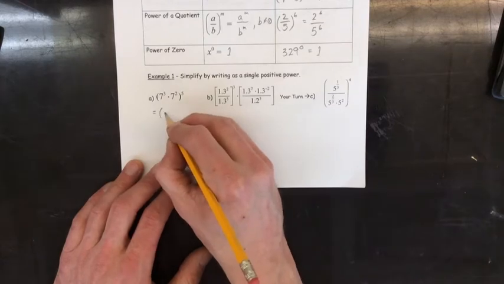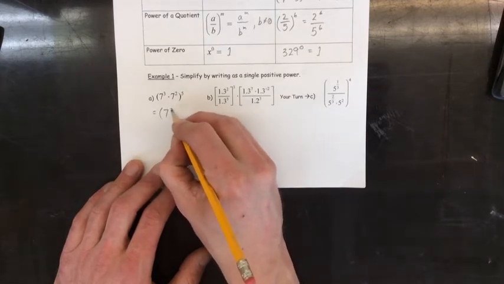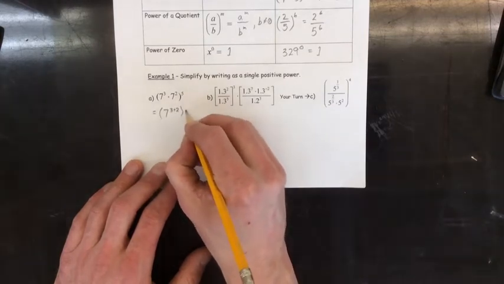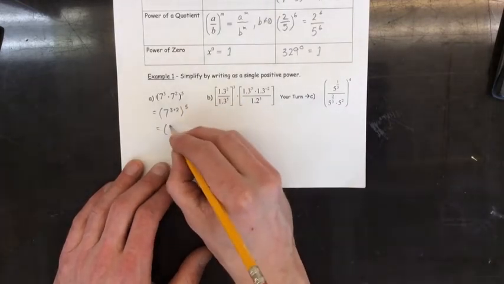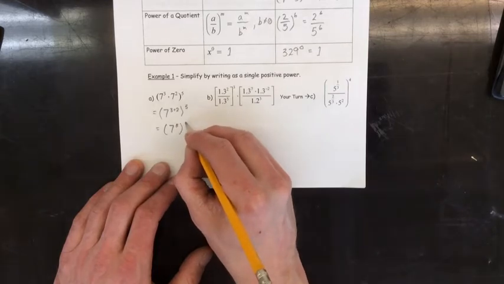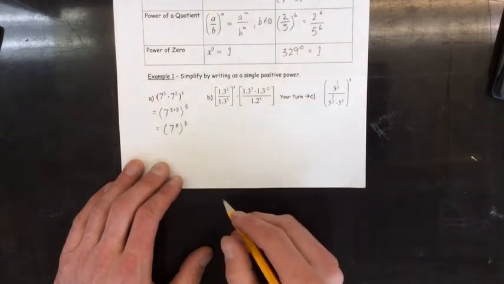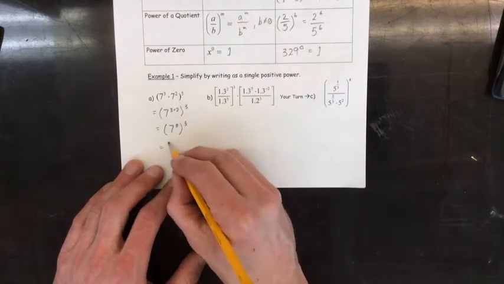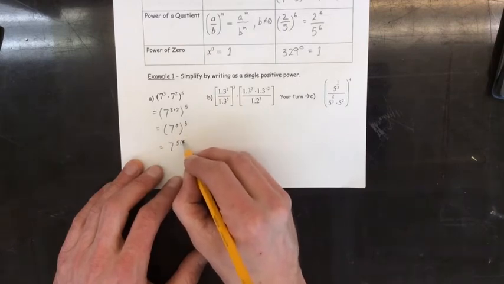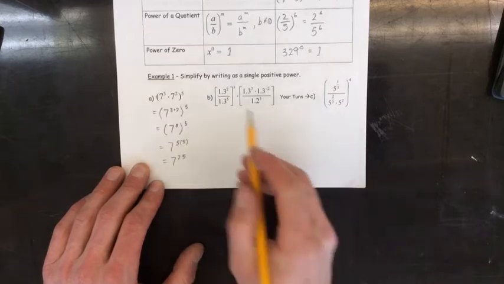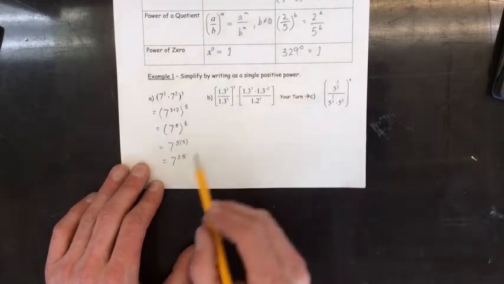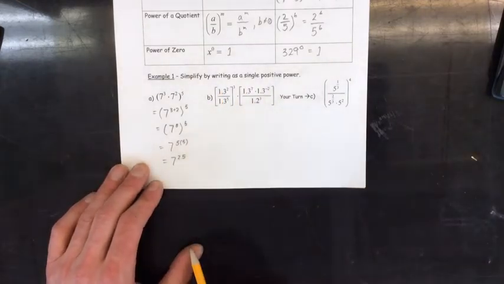So the first thing I'll do is 7 to the power of 3 plus 2, all raised to the power of 5, which is 7 to the power of 5, all to the power of 5, which is equal to 7 to the power of 5 times 5, which is 7 to the power of 25. And this is simplifying by writing as a single positive power.